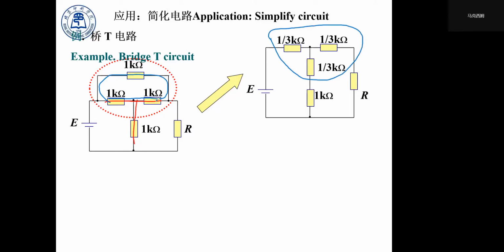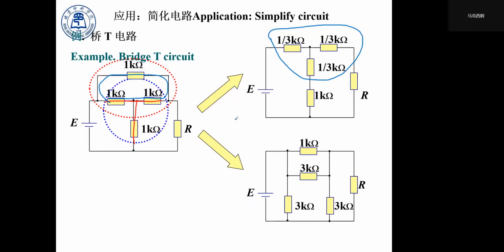But for the T-shaped part, we can also transform this circuit. The blue circle one is a T-shaped network. We can transform this part into a delta-shaped network.